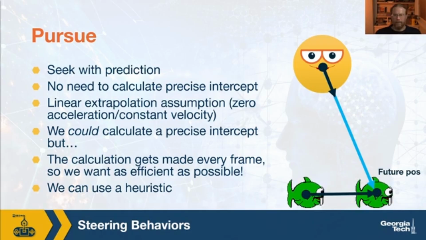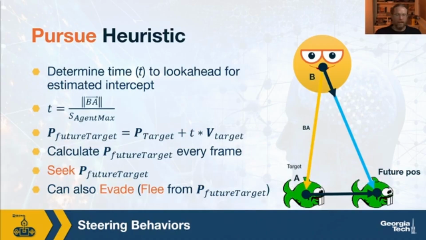Instead, we can use a heuristic, and that heuristic is that we're going to consider the current distance to the agent at its current location. And we're going to say that distance can be the basis for an estimate of the time it'll take to get to the target, or at least in the neighborhood of the target.